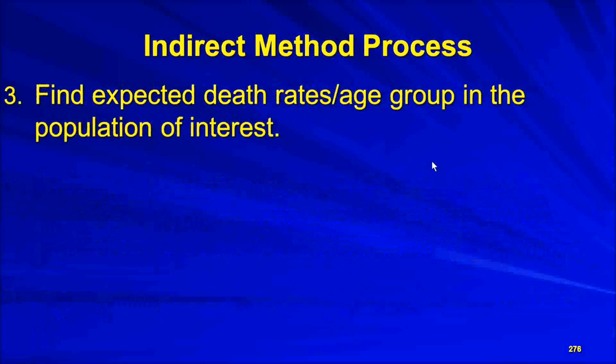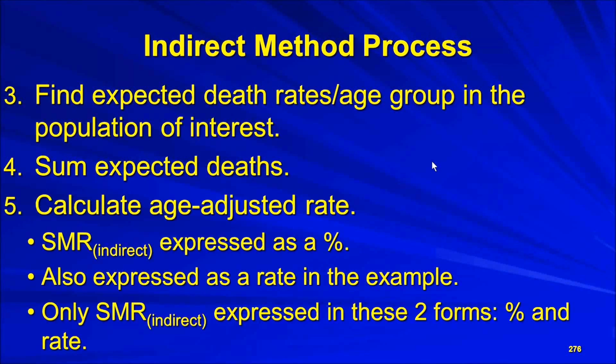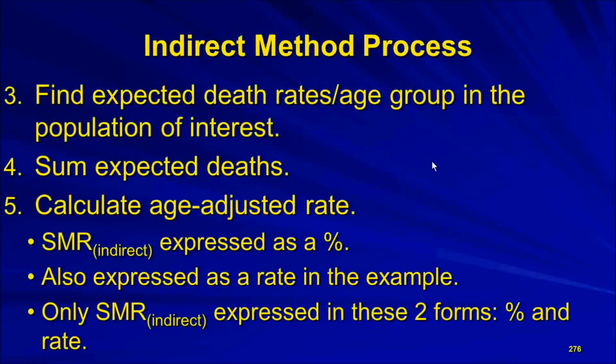Now, find expected death rates based on the U.S. population. Okay? We're going to sum them. And then we're going to go through, and there are different statistics that we can derive from the indirect method that you can't derive from the direct method. You only get one answer and one value from the direct method. You get two forms of data from the indirect method. So that's another difference.